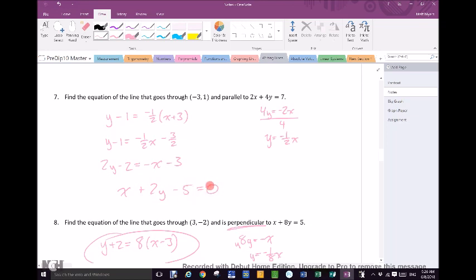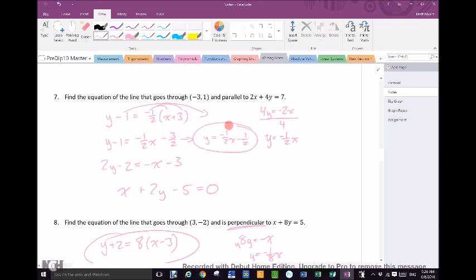And if y is already there, how would you go into slope-intercept form? From our first equation, y minus 1, you would isolate y by distributing and then moving the 1, which is what we did right here. y equals negative 1/2 x minus 1/2.